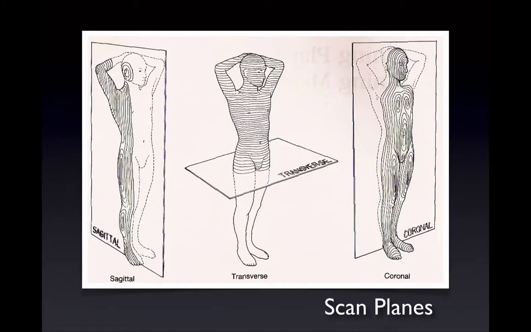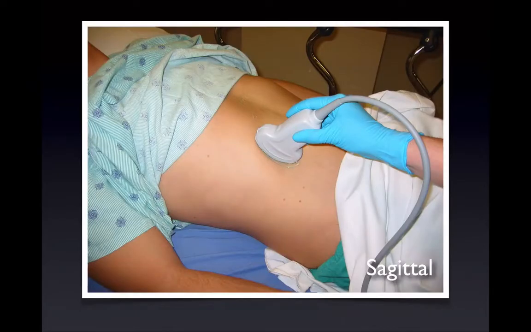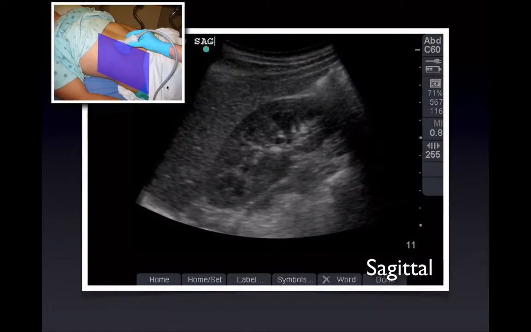But basically, we scan in 3 planes, just like the basic anatomical planes: sagittal, transverse, and coronal. And these are just images. This is the probe. This is the indicator pointing towards the head, and we're measuring the sagittal plane. This is kind of like taking a slice of the anatomy and pulling it on your screen.